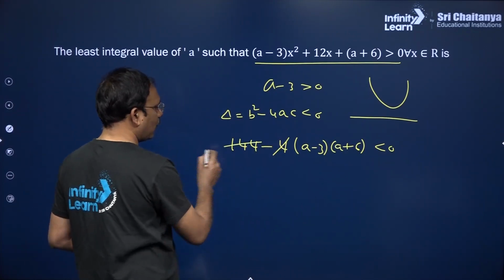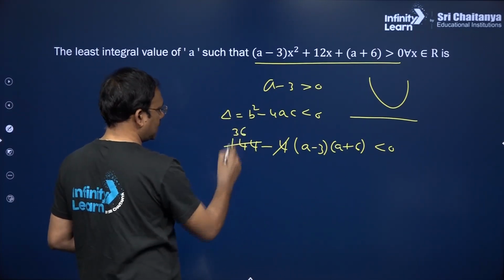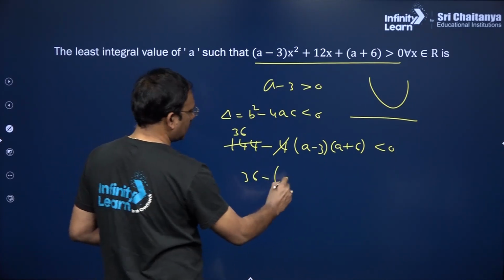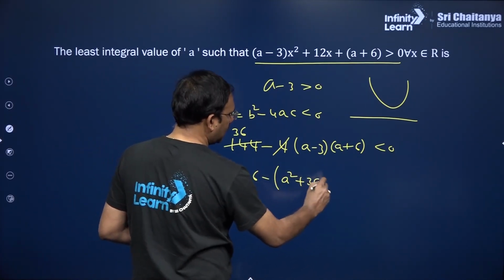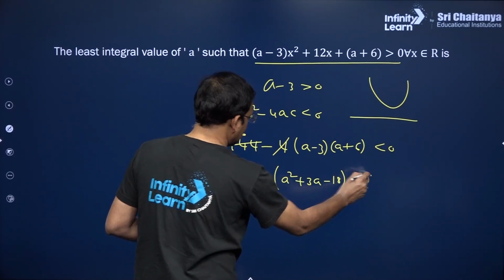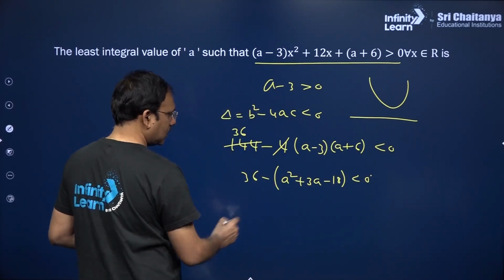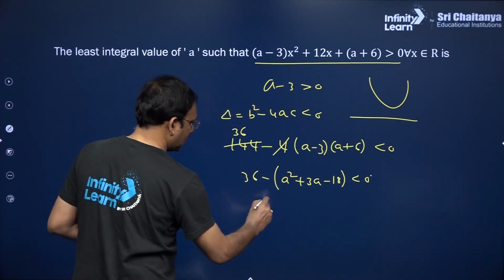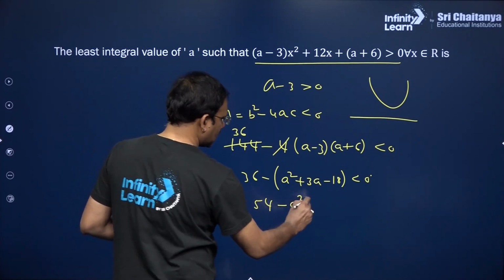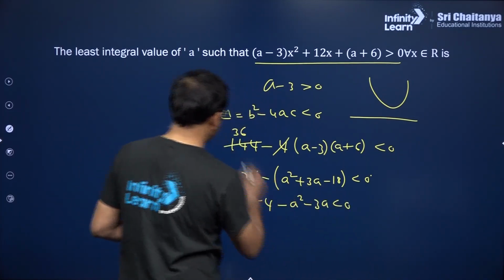You can say 4 times 36, 36 minus of a square plus 3a minus 18 is less than 0. So you can say 36 plus 18 is 54, minus a square minus 3a less than 0.